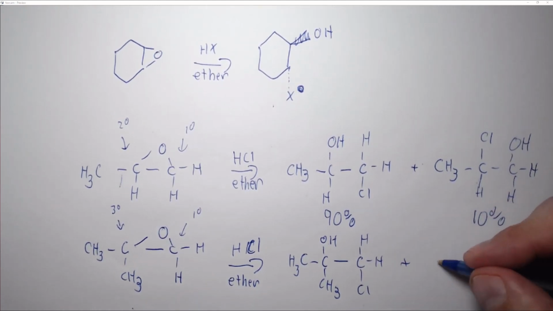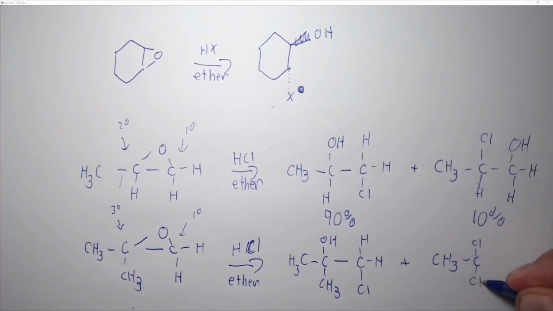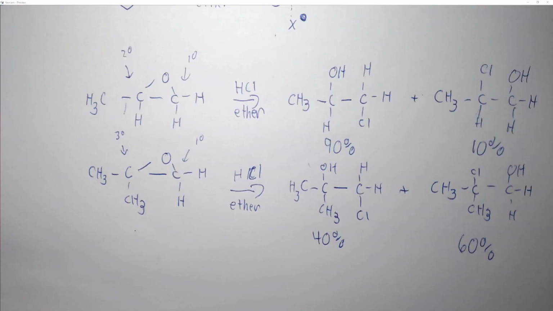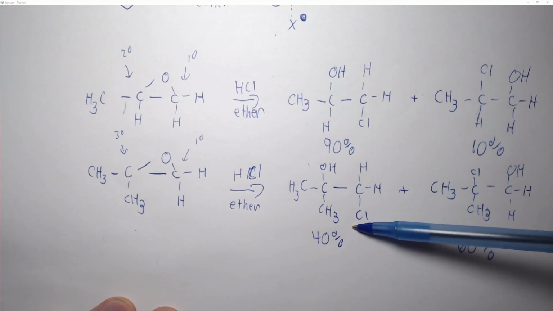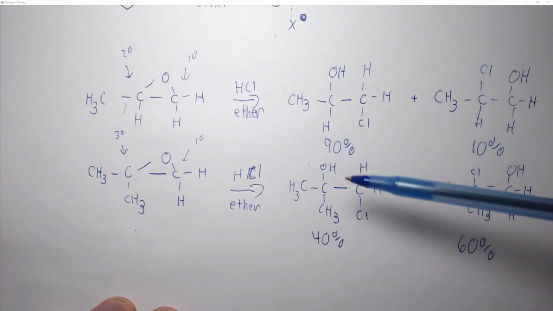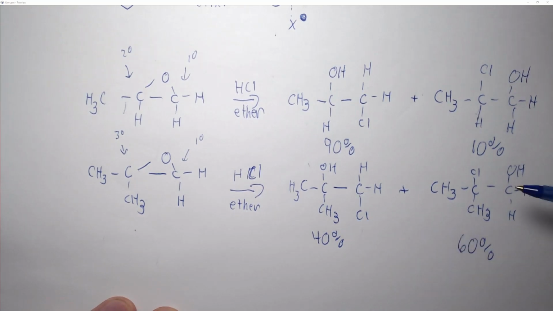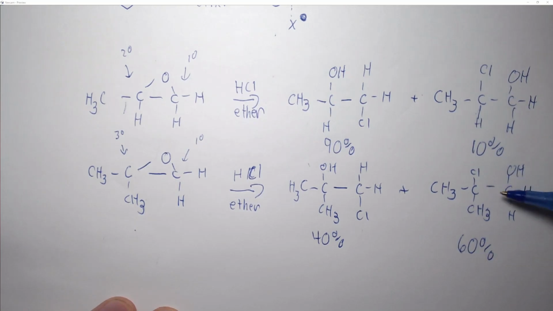Well, I can get some of the other product, maybe. CH3, bond C, bond Cl, bond CH3, bond C, bond OH, bond H, bond H. Okay, so now I have this structure. So it turns out when I do this, I get 40% this product where the OH is attached to the tertiary carbon, and 60% this product where the Cl is actually attached to the tertiary carbon.